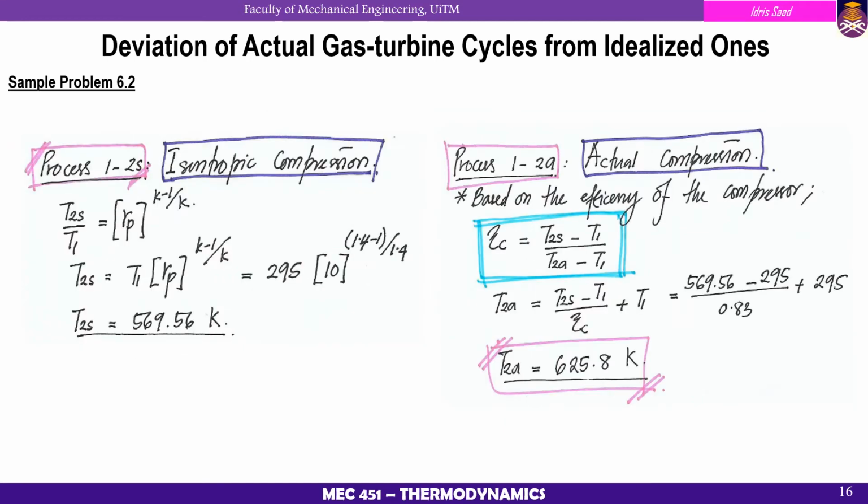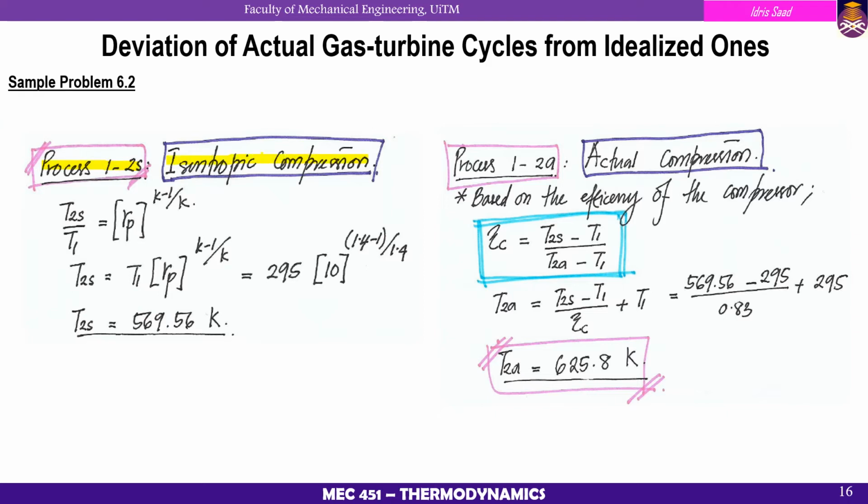As we learned from sample problem 6.1, for the gas turbine cycle or the Brayton cycle, we need to calculate the temperature for all the states. So now we go process by process. The first one is process 1 to 2S, which is isentropic compression.